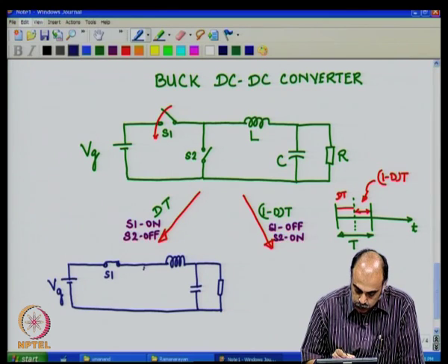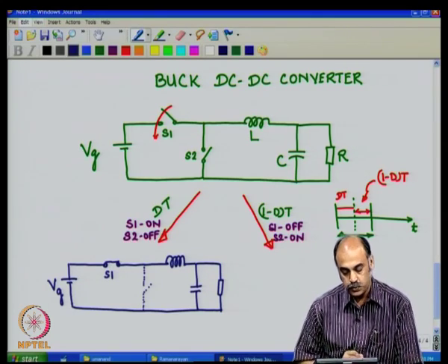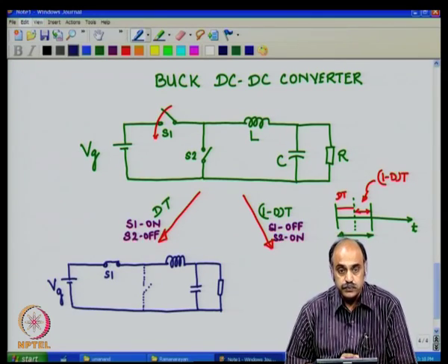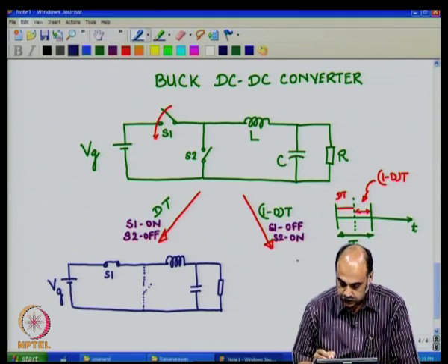I am going to show the dotted switch S2, which is not used. So, it is essentially out of the picture, it is not there in the circuit.